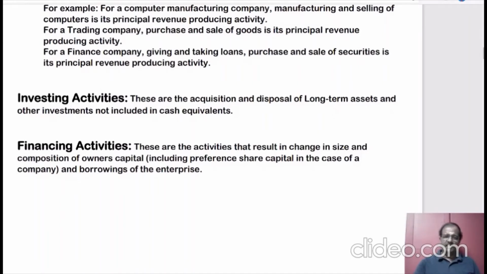Financing activity: these are the activities that result in a change in the size and composition of owner's capital. Ultimately, all the activities relating to capital and other liability items are considered as financing activity.